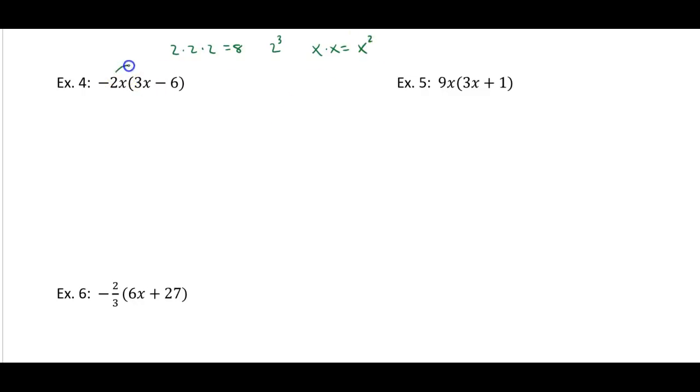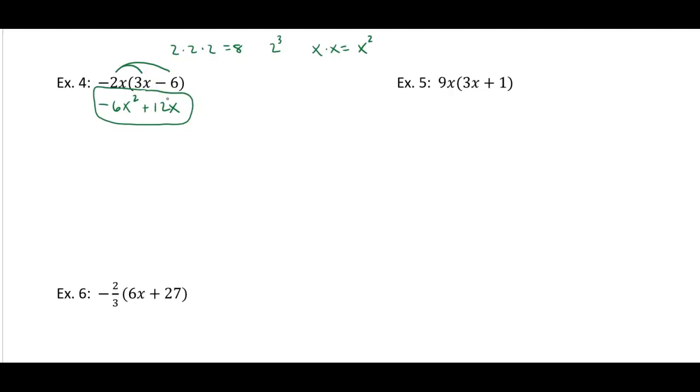So over here, we're going to do negative 2x times 3x. Negative 2 times 3 is negative 6. X times x is x squared. Now, negative 2 times negative 6 is positive 12, so we add the 12, and then x. And this is what we would get.